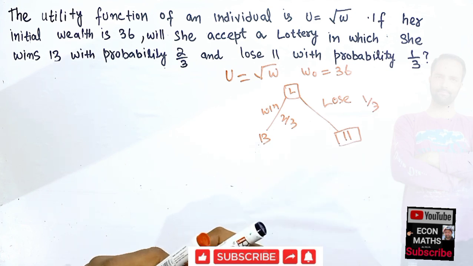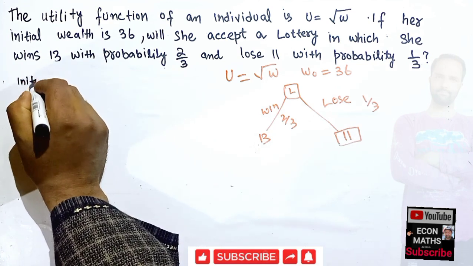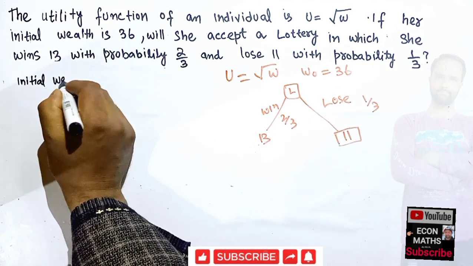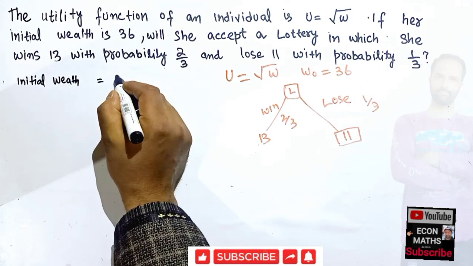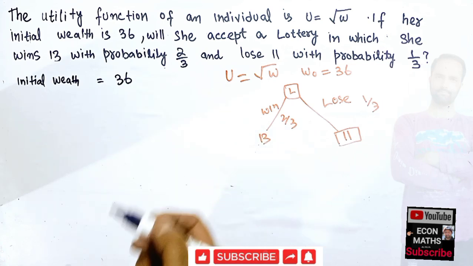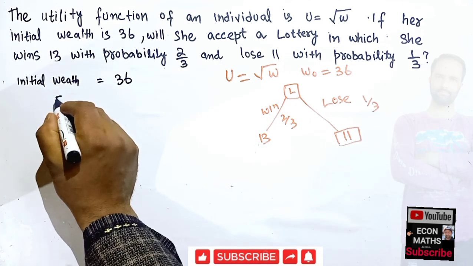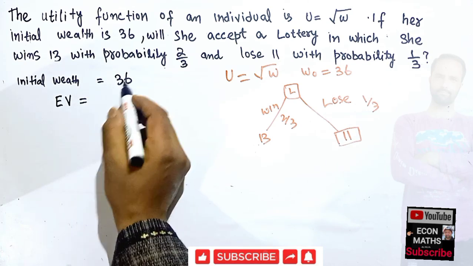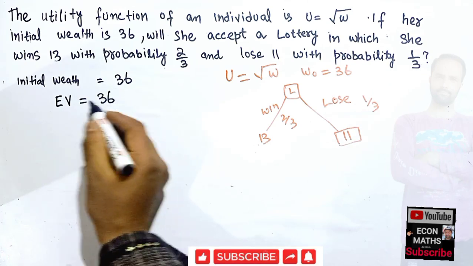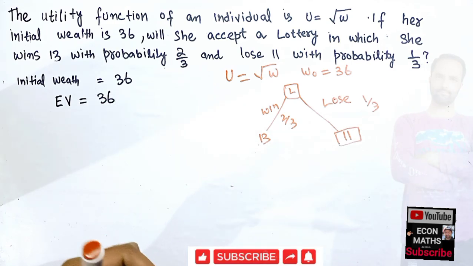Okay, how do we decide this? So what is our initial wealth? Initial wealth is 36. Now what is the expected value? The expected value of this wealth is simply 36. It is sure that she will have this very amount.